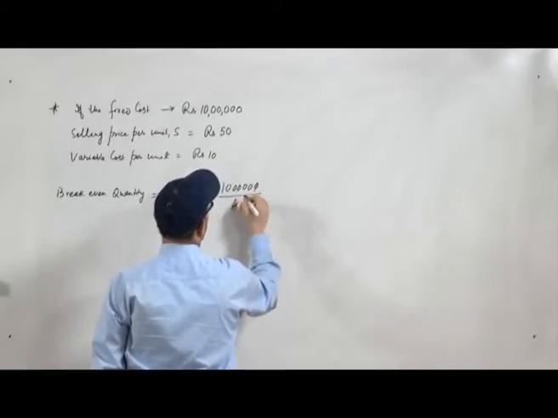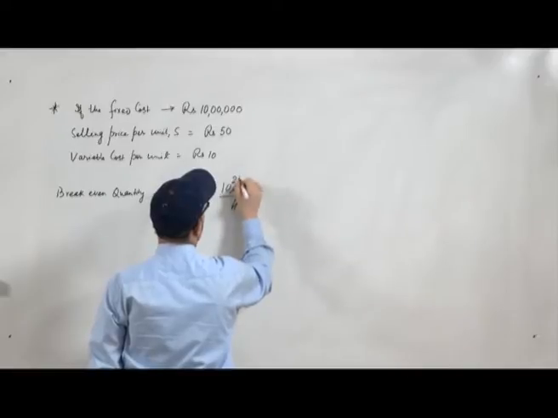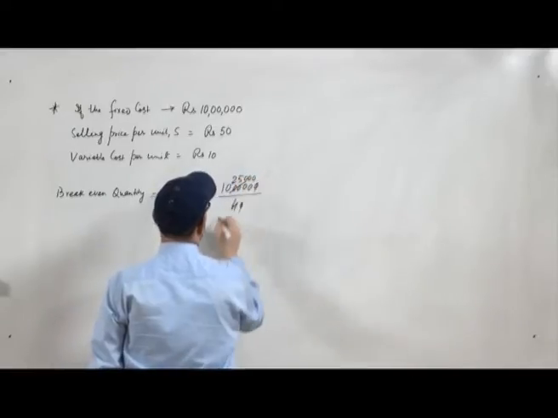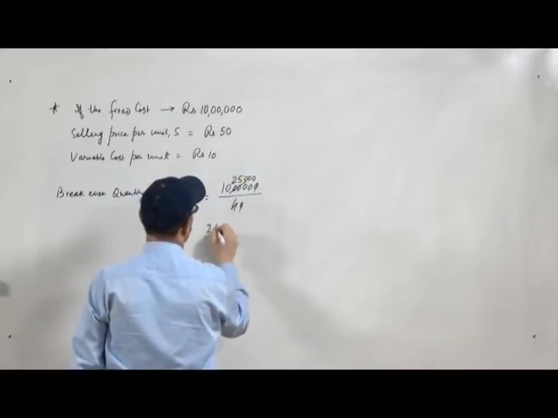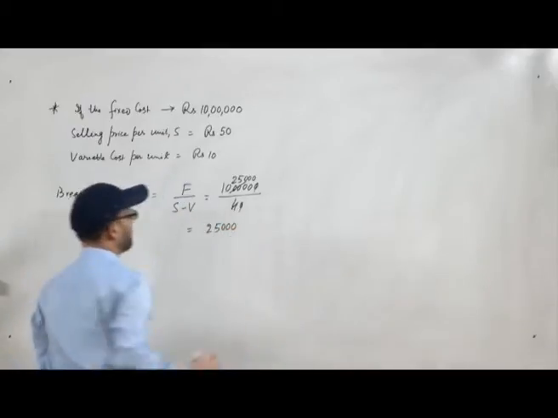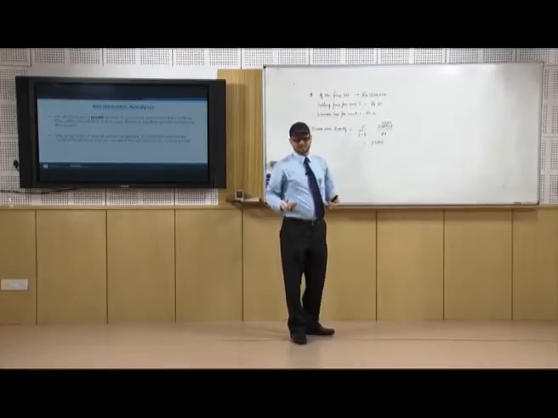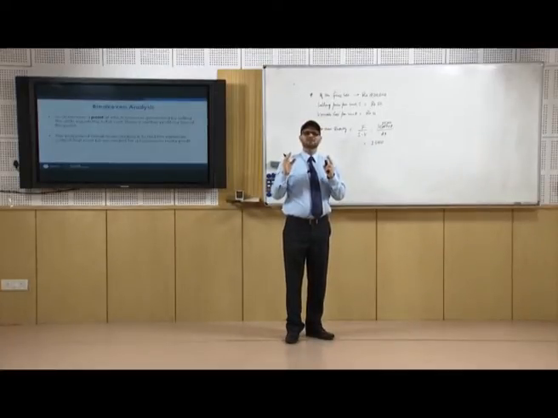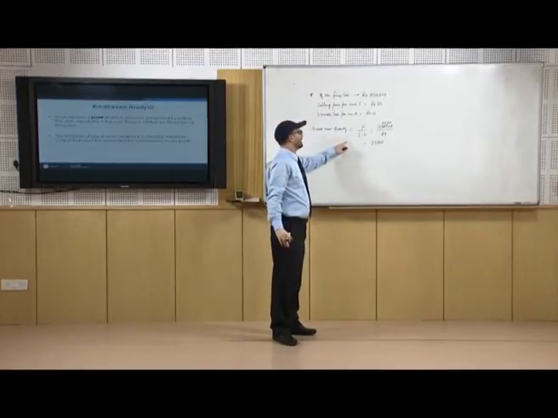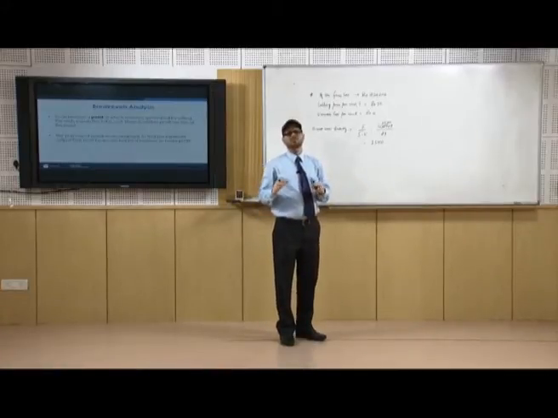So, we can have this value 25,000. So, when the company produces 25,000 equipments and sells it, it will come to a situation of break even, that is no profit no loss.